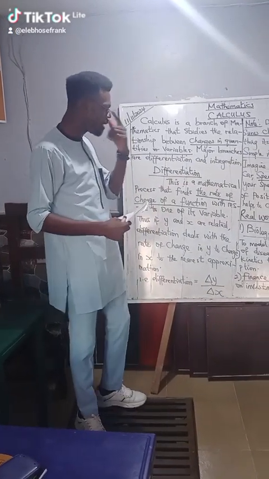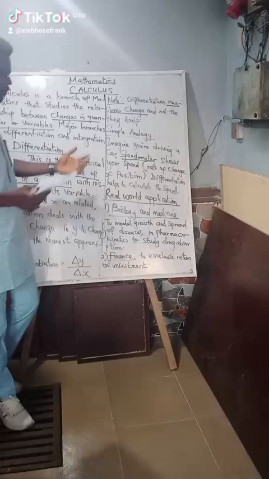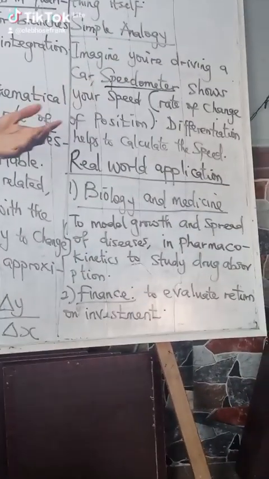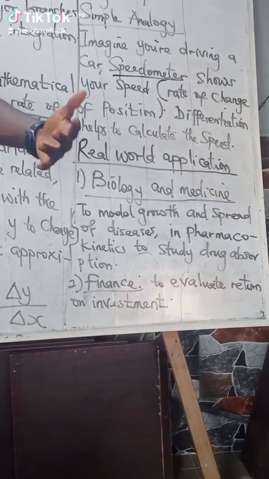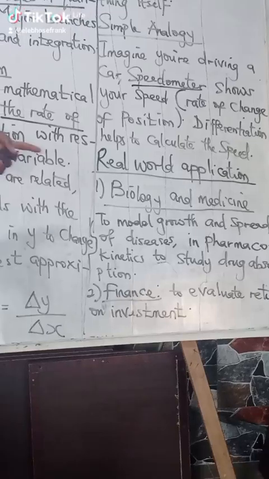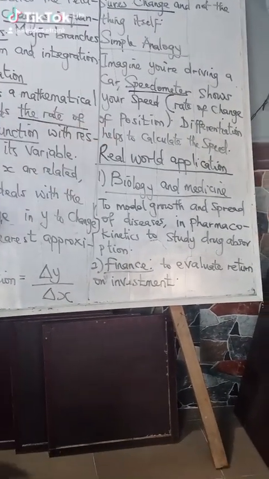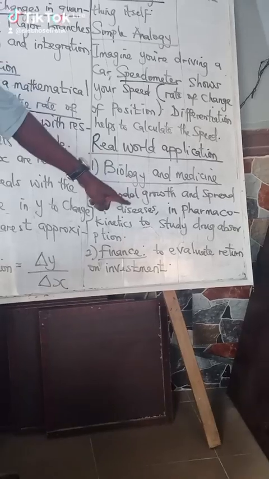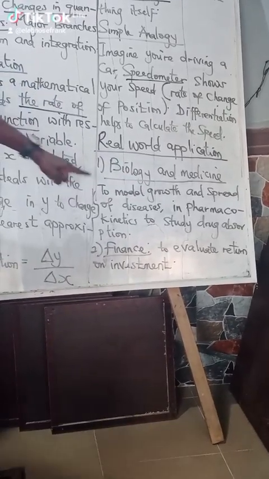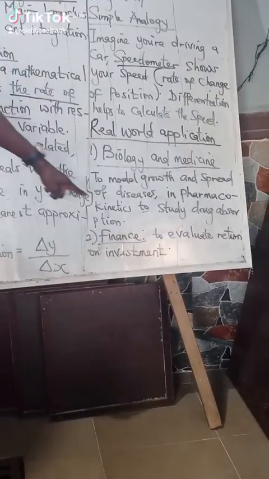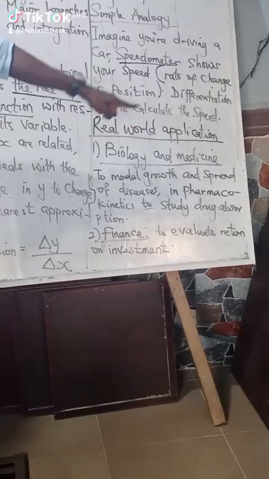Now let's see some real world applications of differentiation. Why do we study application of differentiation? How can it be applied in real world situations? Number one, in biology and in medicine, the knowledge of differentiation is used to model growth and spread of diseases, and it's also used in pharmacokinetics to study drug absorption.